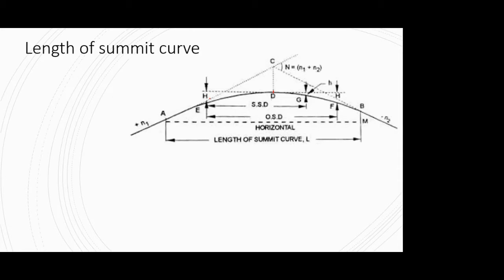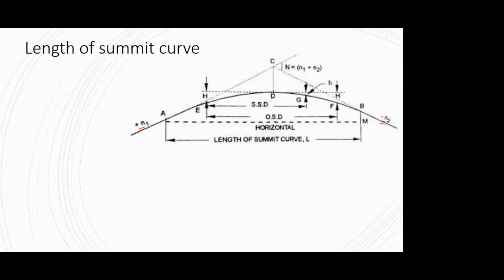But it is not always that only a truck or a bus travels on a summit curve. We know that all types of vehicles travel on it, so it is important to find out the length of summit curve for vehicles in general. In this diagram, we have an up gradient n1 and a down gradient n2.